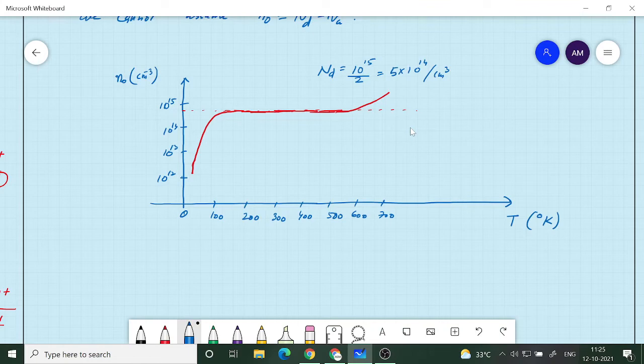But the middle region is what we call the extrinsic region.